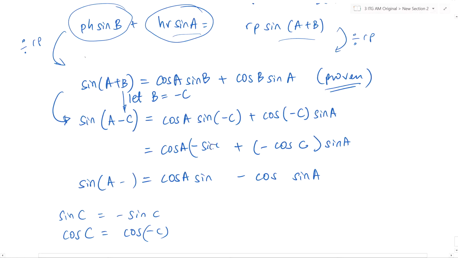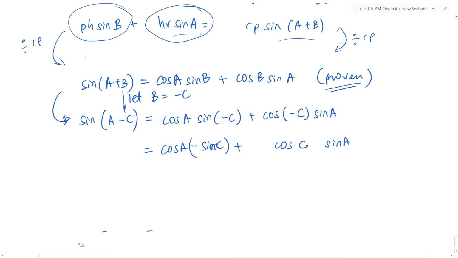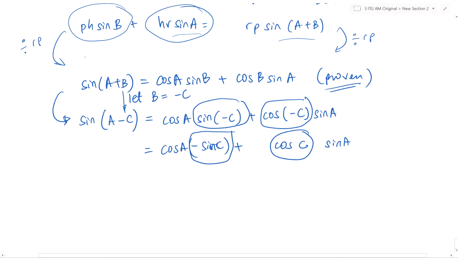Sine negative C is the same as negative sine C. Cosine negative C is the same as cosine C. Am I right?